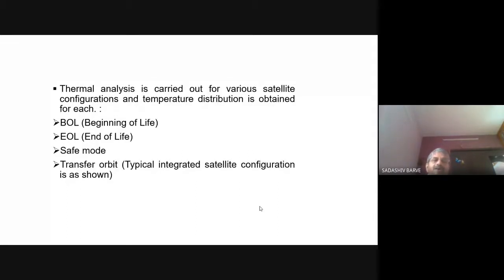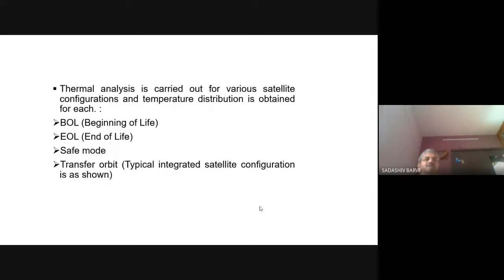Now here what happens, you may be aware, or maybe subsequently sometime I will, if it's possible, show you, that at a certain height the satellite heat shield gets separated. Now when the heat shield gets separated, what happens? The satellite actually gets exposed to deep space, where it will start getting the solar load, albedo load, or Earth-shine load, depending on the orientation of the satellite. And there, it is in the vicinity of the Earth.